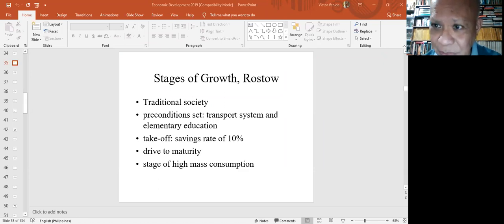So the rest of the society now also begin to focus on savings, just like these original savers once they became the dominant class of people. And in the next stage, an important factor here would be when the savings of society would now be invested in what Rostow calls preconditions being set.